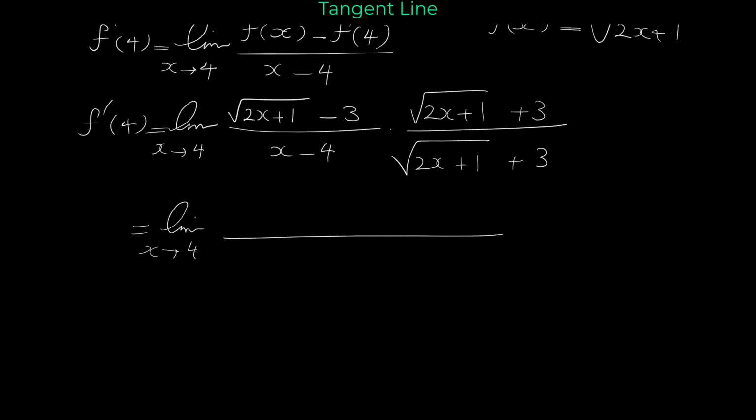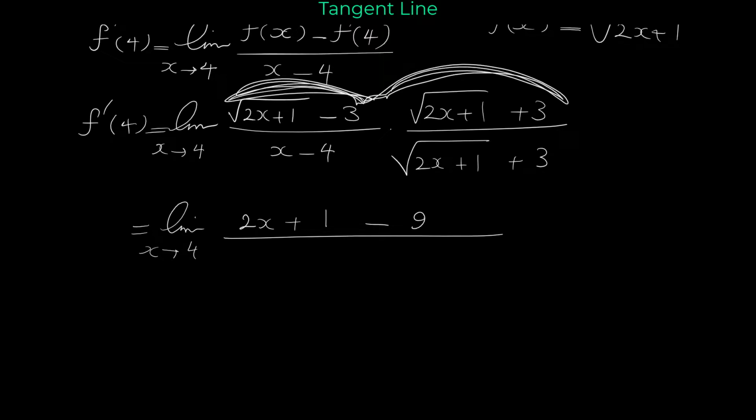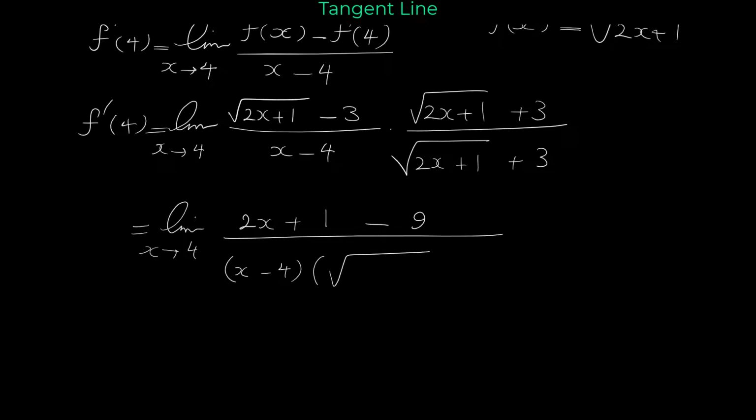So what is the result of multiplying this by its conjugate? It would be 2x plus 1 minus 3 to the power of 2, or 9. Attention, when a radical is raised to the power of 2, the radical cancels. But because the 3 has no radical, when we raise it to the power of 2, it becomes 9. And in the denominator, we have x minus 4 times radical 2x plus 1 plus 3.